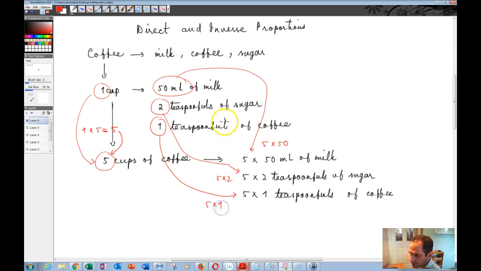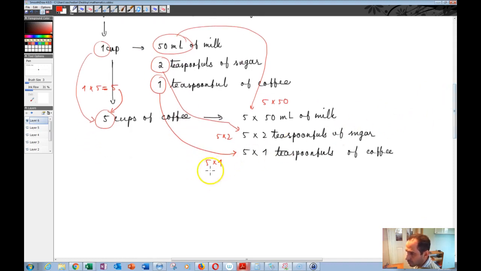So as you increase the number of cups of coffee that you're making, the amount of the ingredients that you need is also increasing.